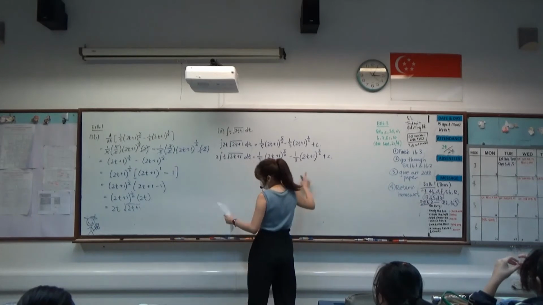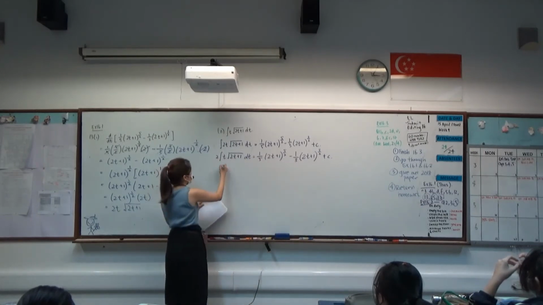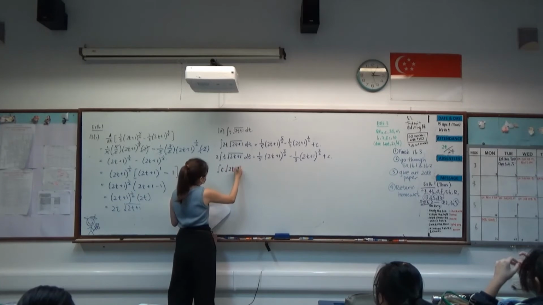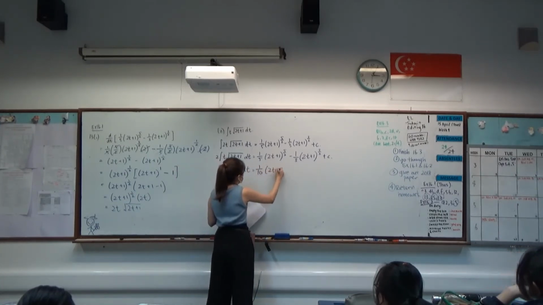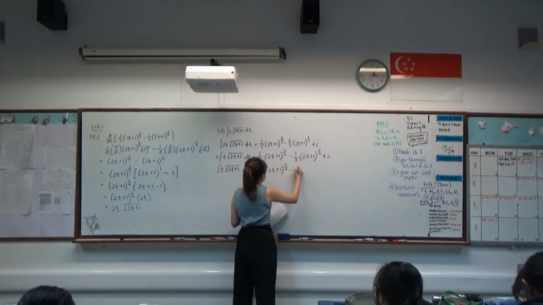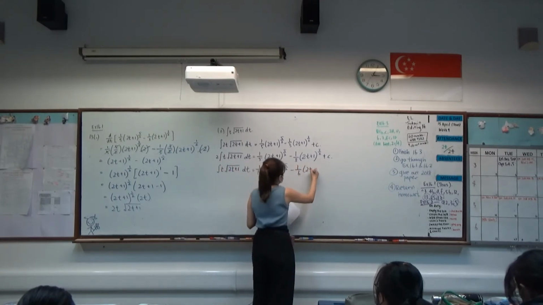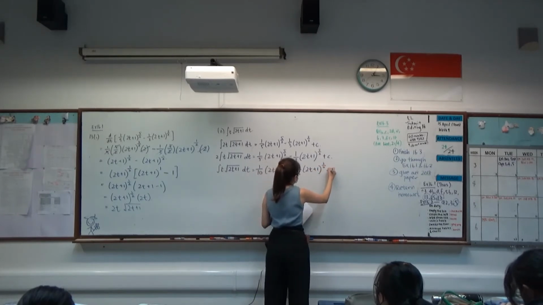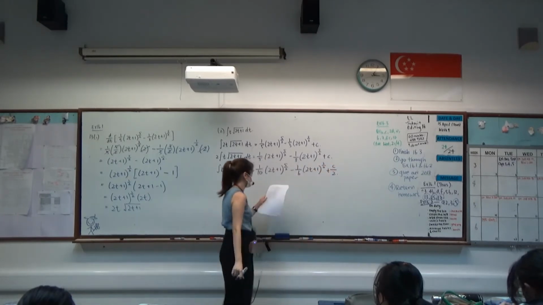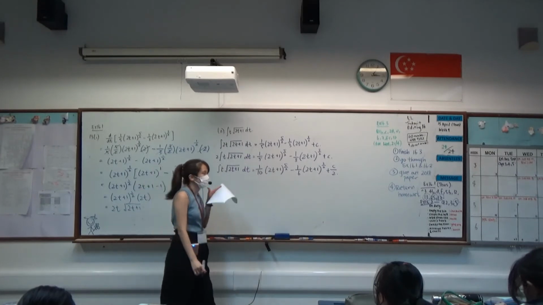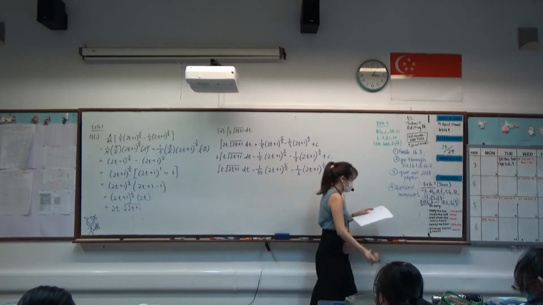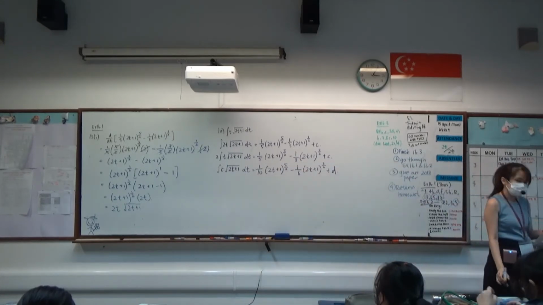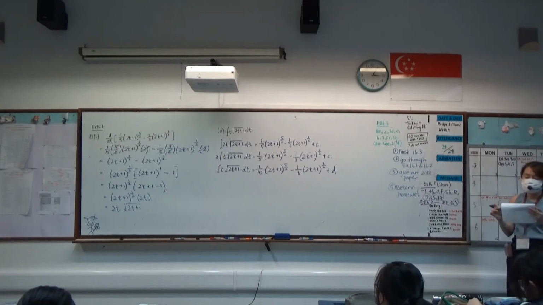Then we divide the 2 over to the right side. Okay, you can leave it as C over 2, or if you want to change it into a D, that's perfectly fine as well. Okay, questions?